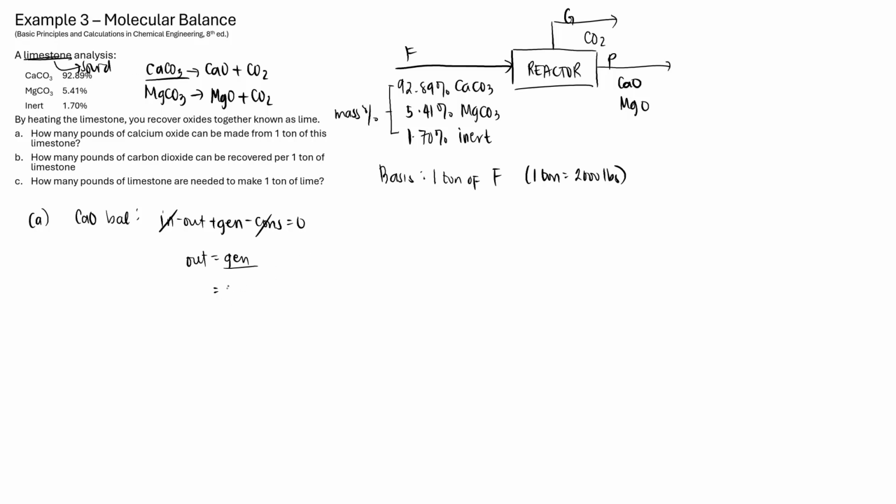So that's 2,000 pounds times, diretso na lang natin, 0.9289 pounds CaCO3, and then to convert it to 1 pound mole CaCO3, you need 100 pound mass.